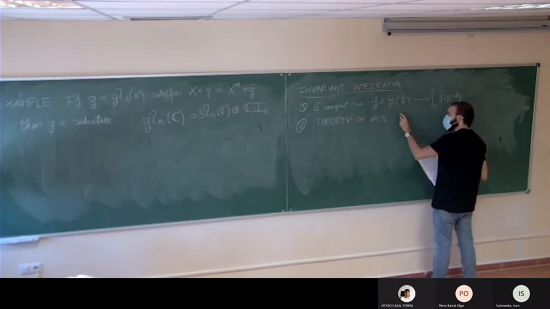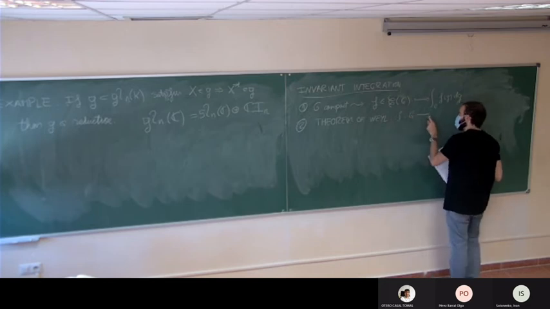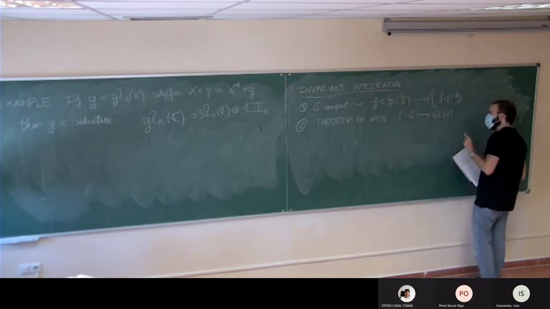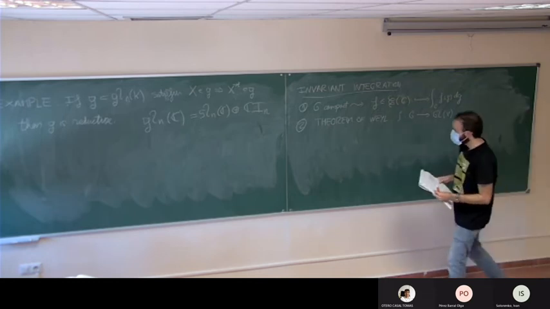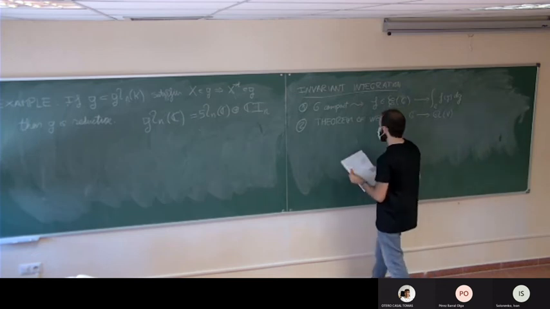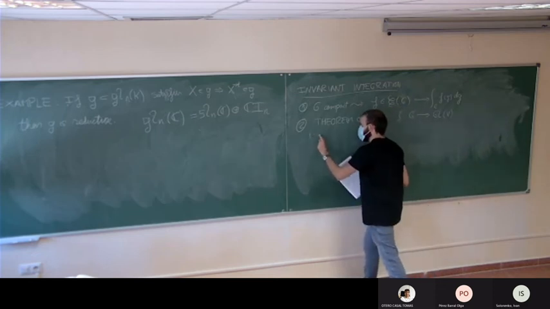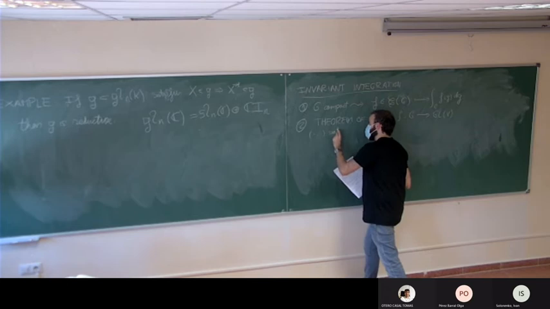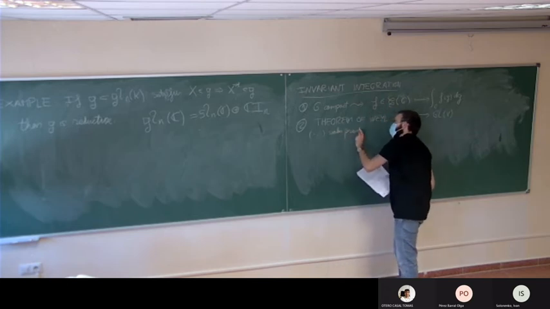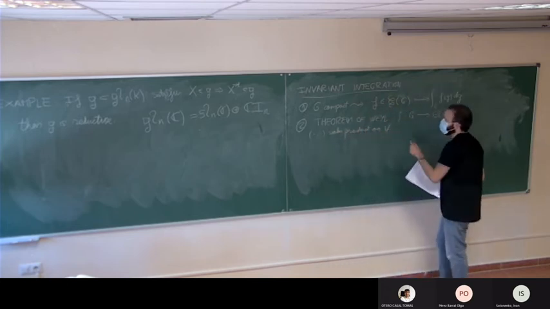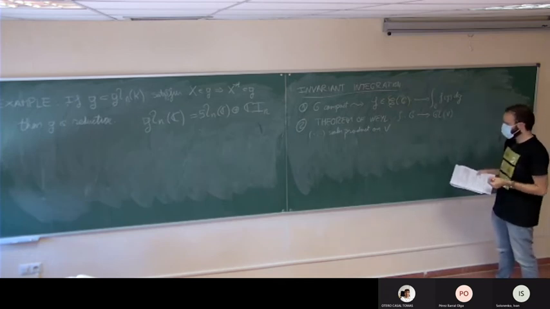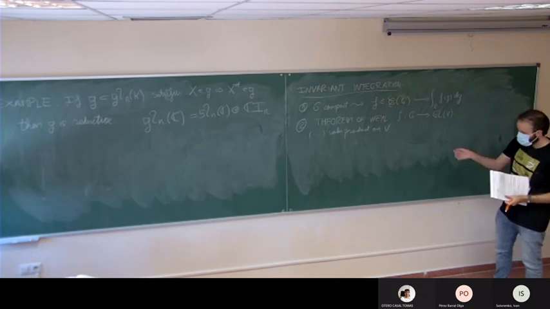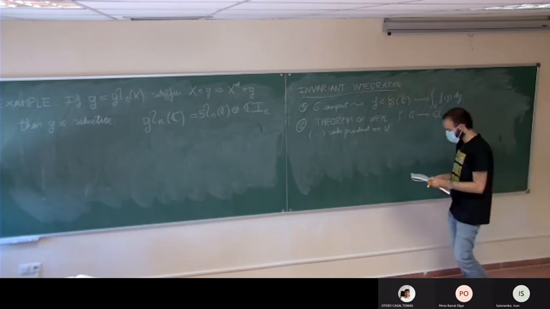Take a Lie group homomorphism rho from G to GL(V). Okay, so this is called a representation. V can be real or complex. So depending on whether V is real or complex, we take a scalar product: if V is real, we take a positive definite bilinear form, and when V is complex, we take a positive definite Hermitian form.